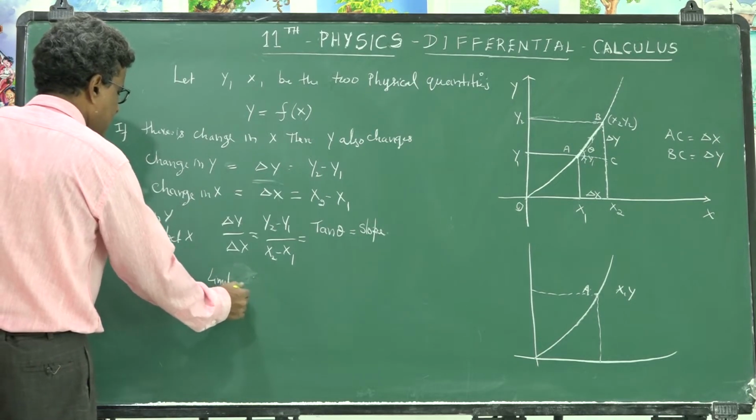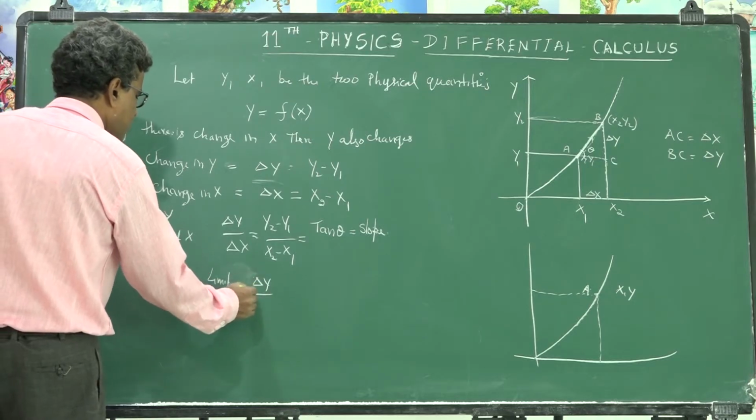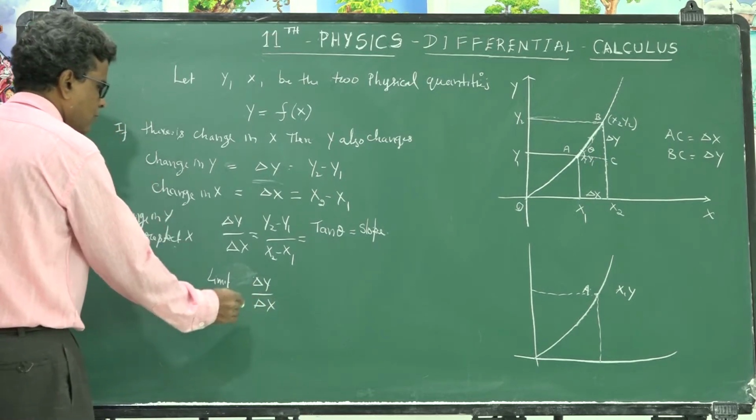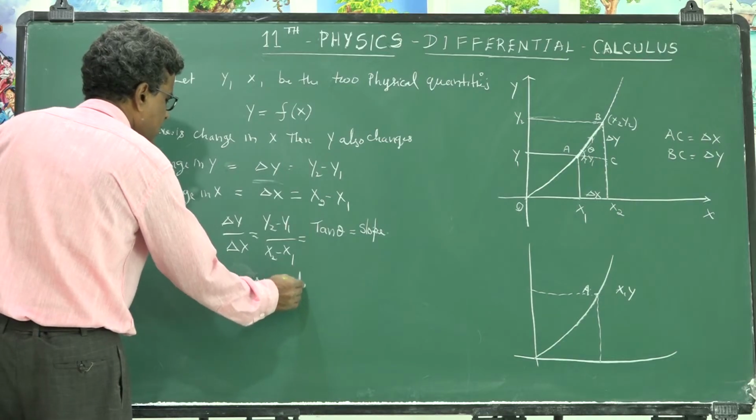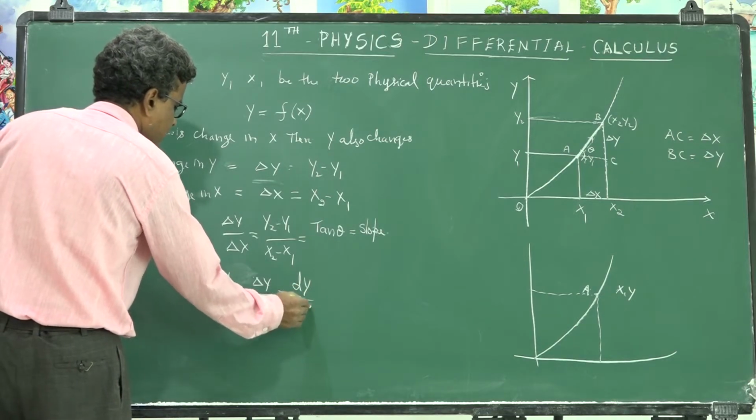Limit delta x tends to 0, delta y by delta x, we can call it as dy by dx.